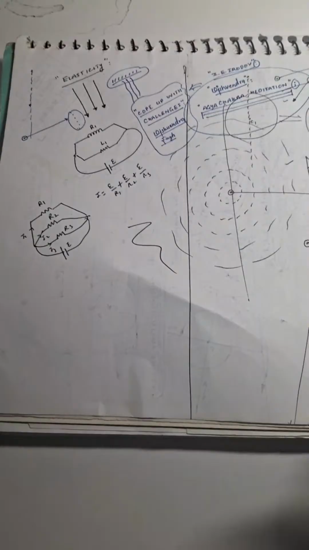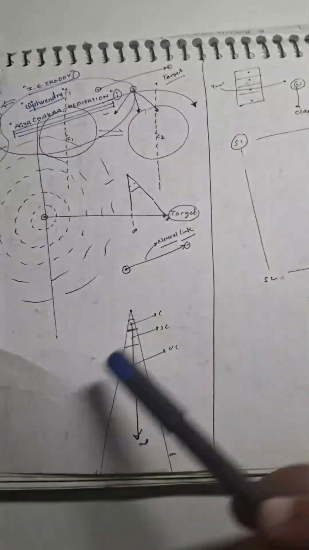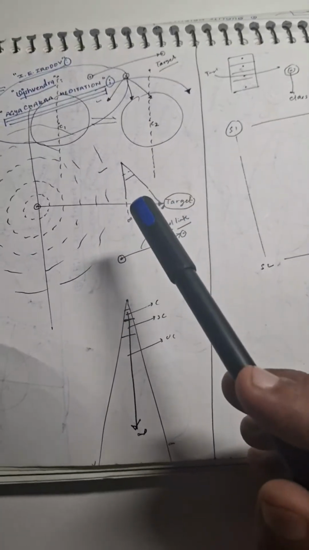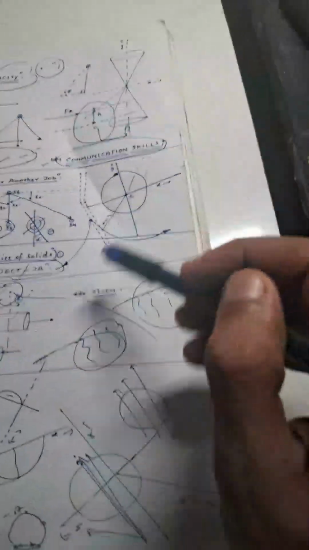Then another discussion on elasticity, various points, concept of self-inductance, concept of current in a circuit, various cases related to moment of inertia. And at the last we have concept of elasticity, various cases, communication skills, or mechanical properties of solids.